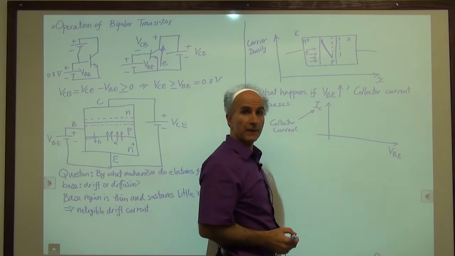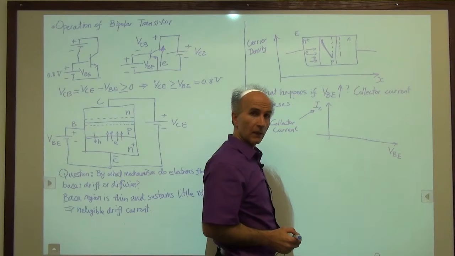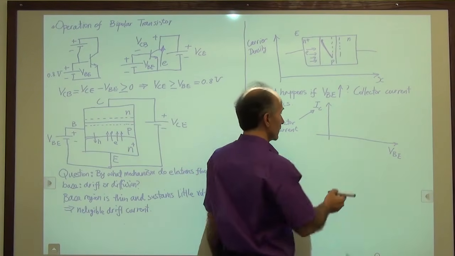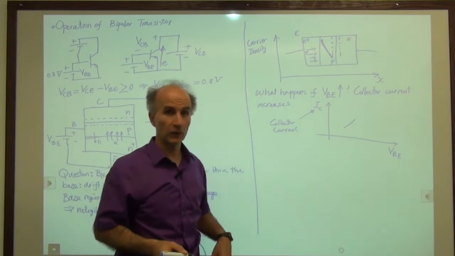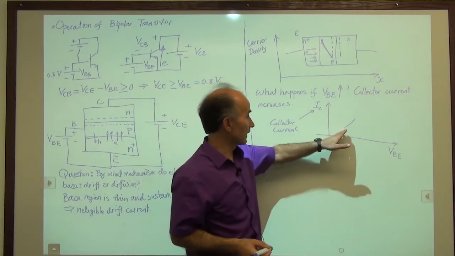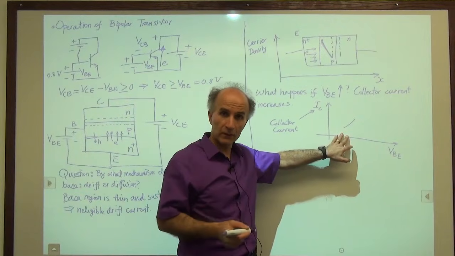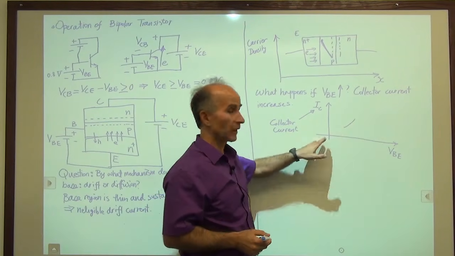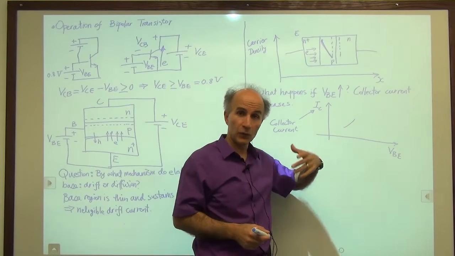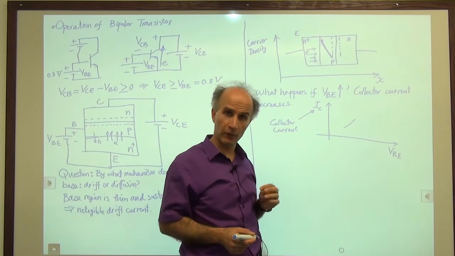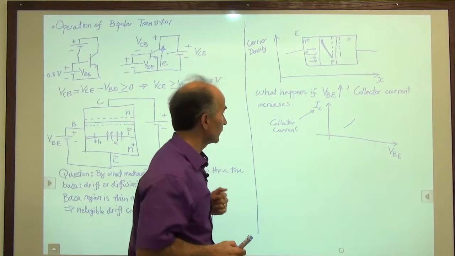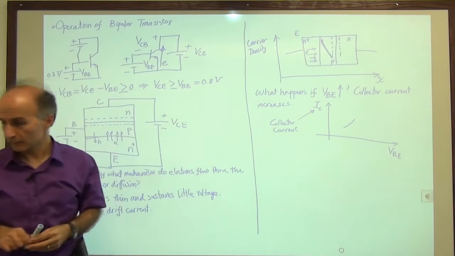And we said that if the base emitter voltage increases, the collector current increases. So all we know is this. That's all, right? We don't know whether this is a linear change or what. We don't know where it goes. We don't know where it starts. But we just have intuitively one little segment of this plot. So that's fine for now. That's all we need to know. But that's another observation.